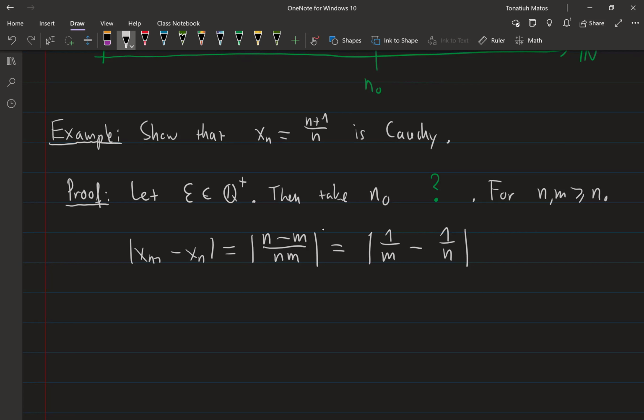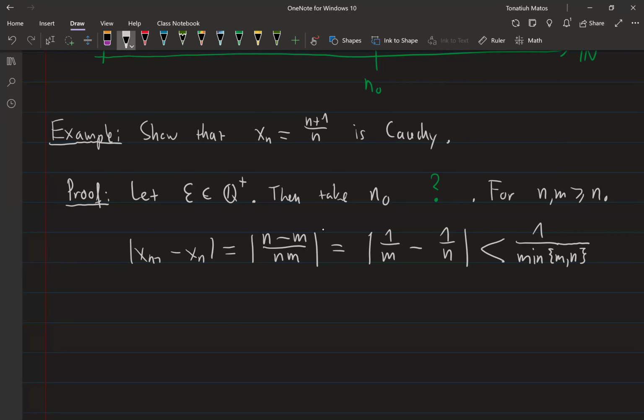Now, what can be said about this? What is the difference between those two numbers? We can certainly write this in terms of just n and m, right? Because the distance between these two numbers is always less than whichever fraction is bigger, and the bigger fraction is the one produced by the smaller number.